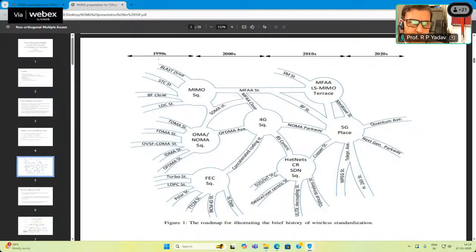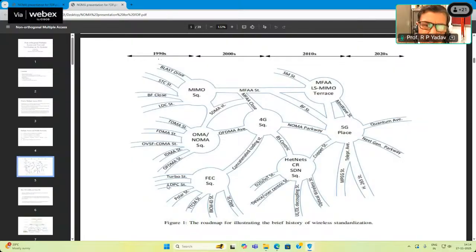This slide represents the standards, and I think all of you will appreciate that standard preparation is a very serious matter. Across the global countries, all countries try to push their own companies' standards or advantages, and that's why this becomes really difficult.